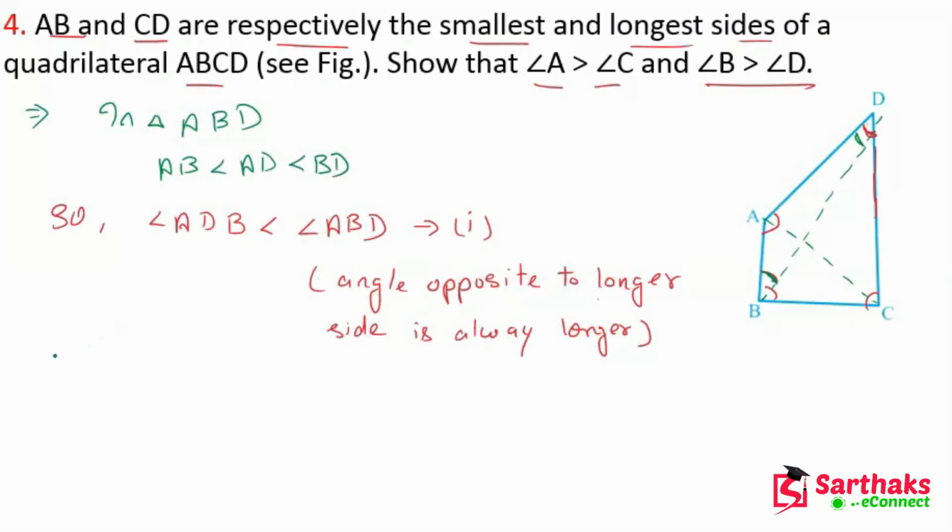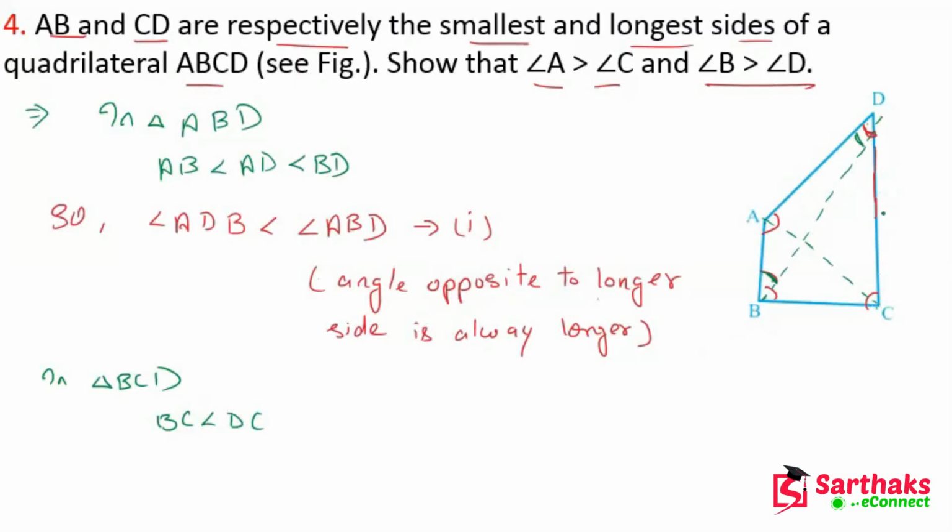Now in triangle BCD, this whole triangle, BC is less than DC.